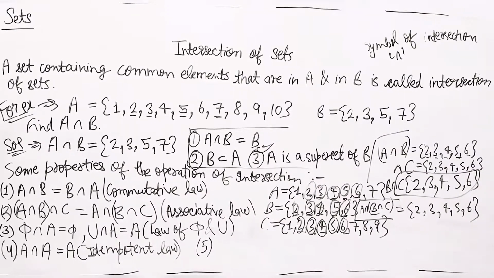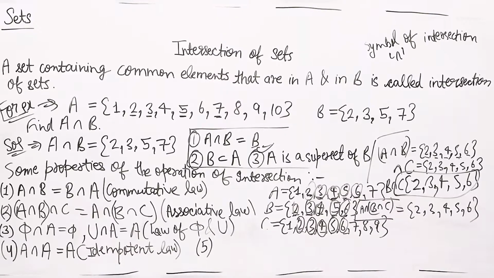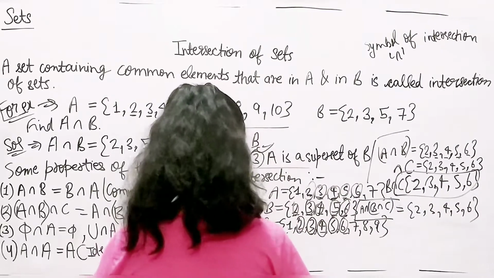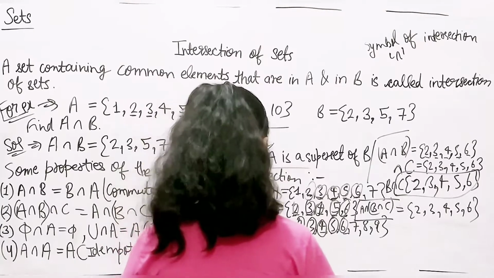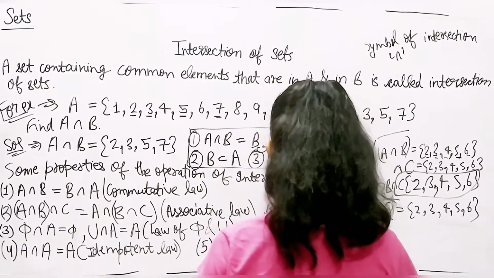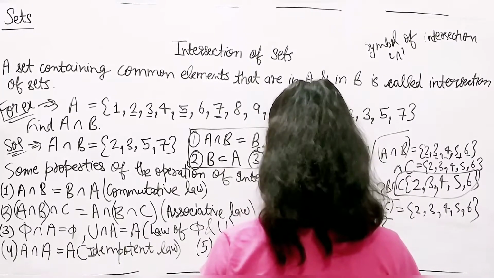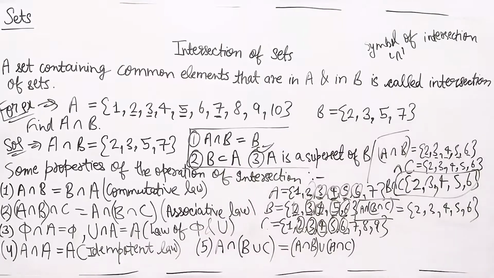I'm going to do their union with an intersection both. So it's going to be like this: A intersection B union C is equal to A intersection B union A intersection C.